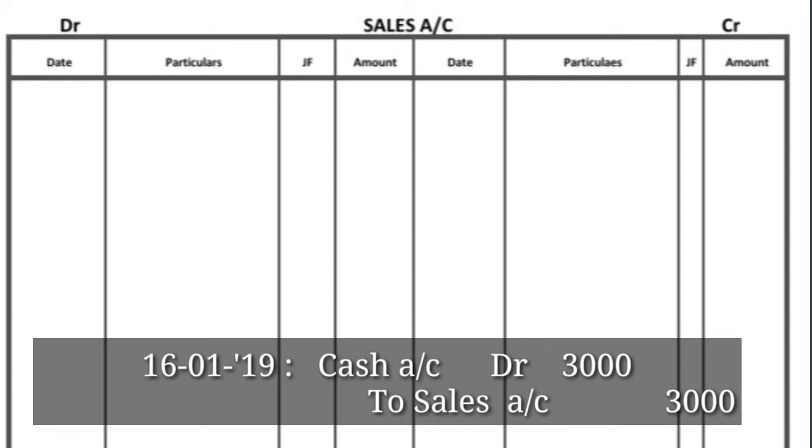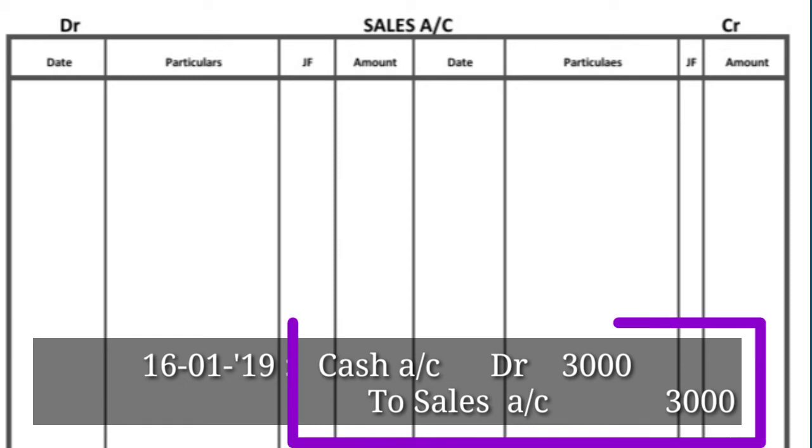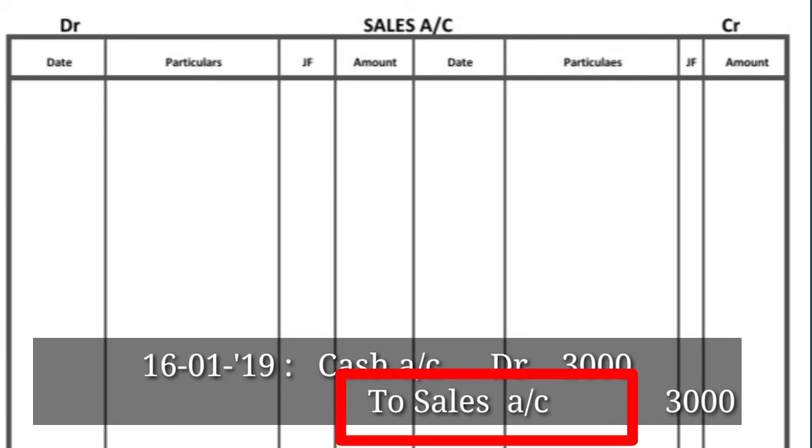Both sides, date, particulars, JF, amount. Okay, we are going to prepare sales account. See here in this journal, what is the balance of sales? Sales have credit balance. So in sales account, we will post in credit side.